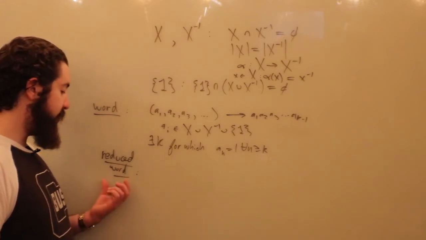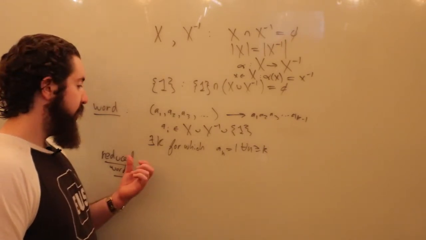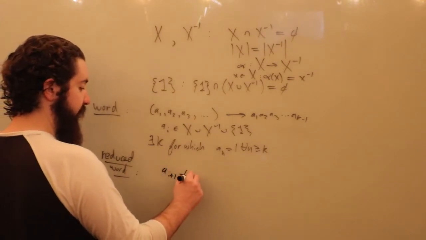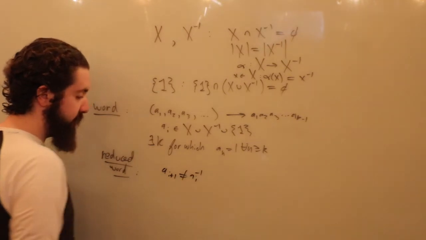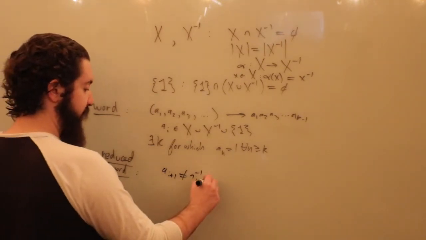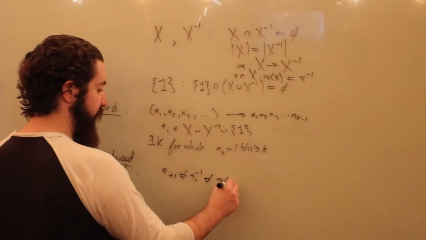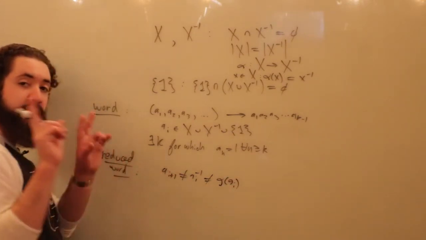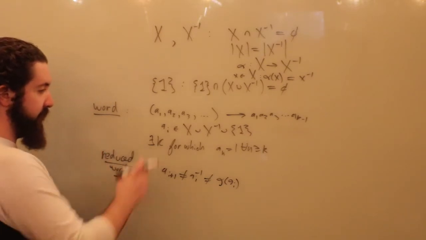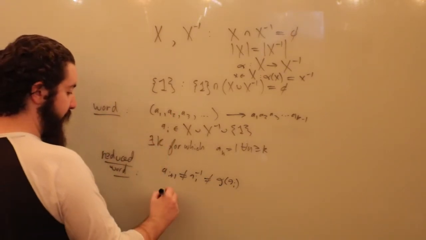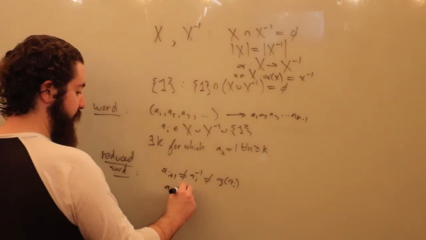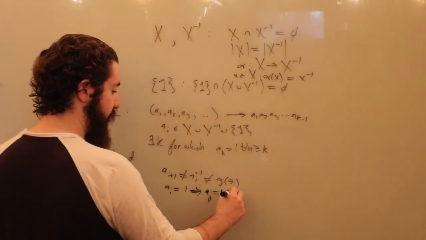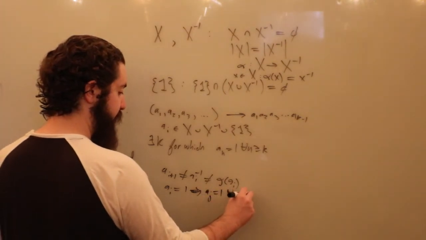Furthermore, we're going to define a reduced word to be any word such that A sub i plus 1 is not equal to A sub i inverse. In other words, is not equal to alpha of A sub i, right? So we do not have inverses sitting next to each other in this sequence. And also we're going to have that if A sub i is equal to 1, then this implies that A sub j is equal to 1 for all j greater than or equal to i.